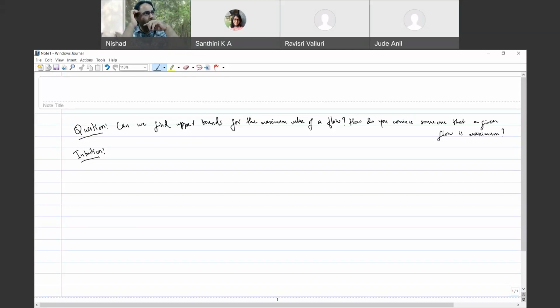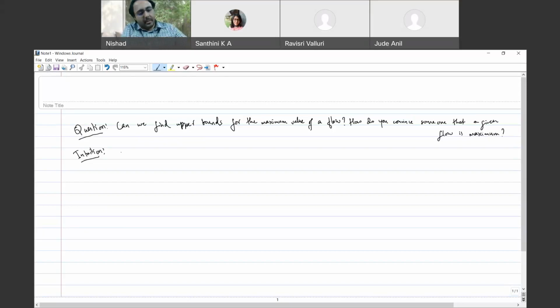You can actually make this more formal, but I don't know if you'll have the time to make it more formal. Right? So in some sense, a flow can be thought of as a generalization of paths, or dipaths if you're looking at directed graphs. And we have seen that paths are related to cuts. In the same spirit, flows are related to cuts as well. And that's what we are going to discuss today. How are flows related to cuts?